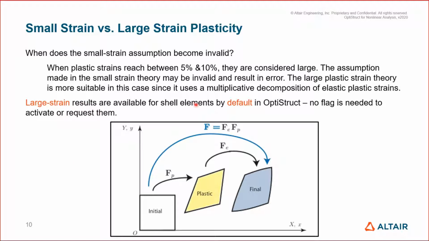Large strain is available in OptiStruct by default, so there's no need to turn it on. Large strain matters when your plastic strain has achieved 5 to 10%, so then you need to turn on large plastic strain. But we already have it in our elements by default, so you don't need to turn it on purposely.